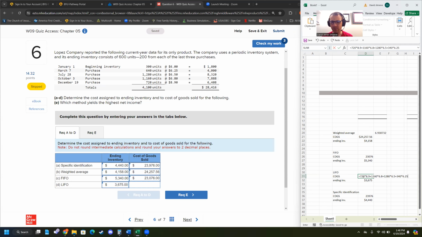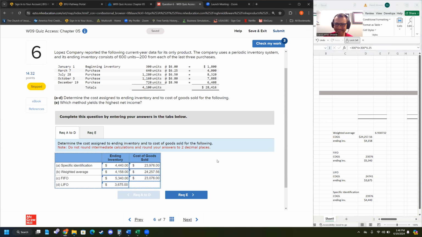Then we hit enter and we get a number, and that number is 24741.